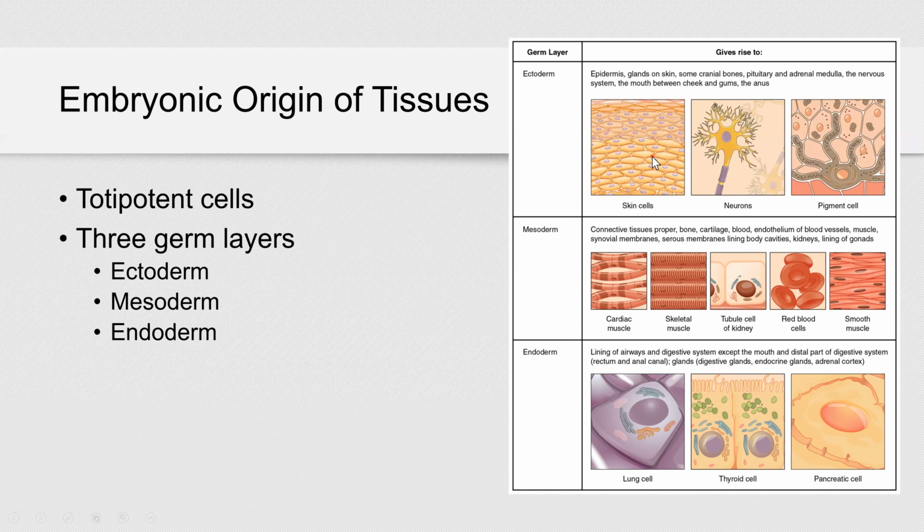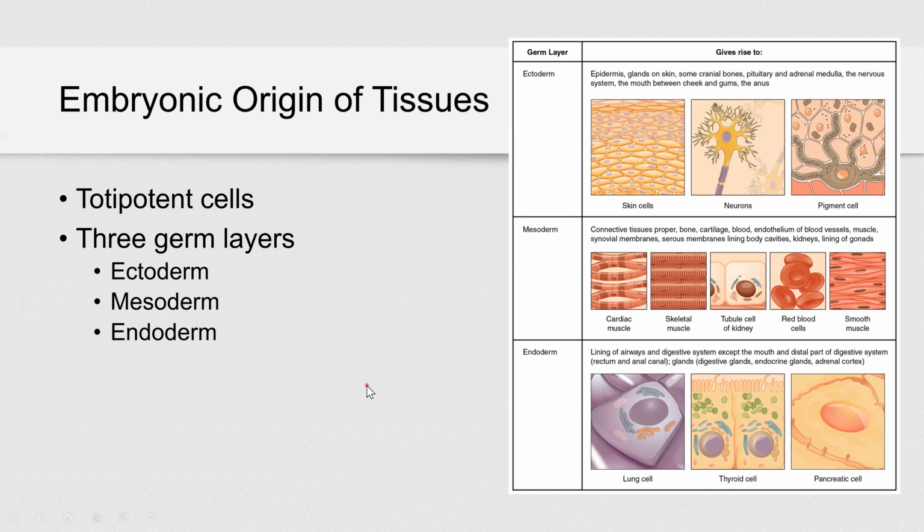Epithelium develops from ectoderm. Endothelium will develop from mesoderm, and endothelium will line your blood vessels, and form some membranes, serous membrane. Not synovial, serous membrane.